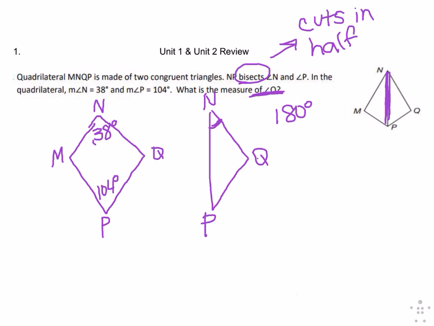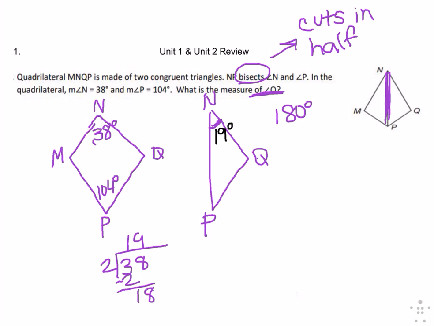So if the measure of angle N is 38 degrees, I can divide that by 2. And that gives us the measure of angle N in the triangle. So I'm going to write that in black. So this is 19 degrees.